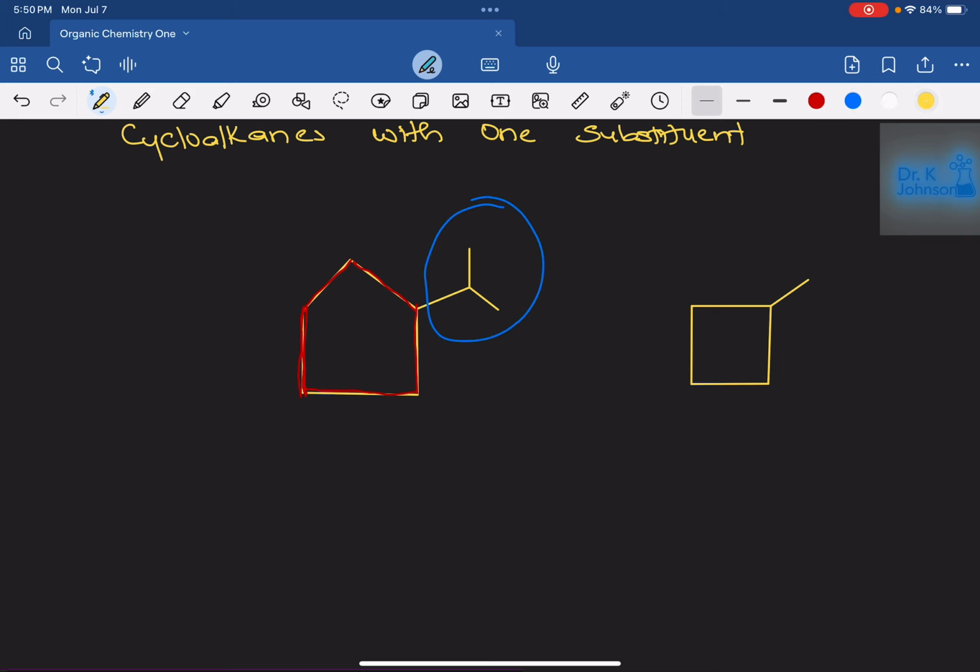You should recognize that your ring has 5 carbons: one, two, three, four, five, which means that it's pentane. So remember, it is a cycloalkane. So it's cyclopentane. That's your parent name.